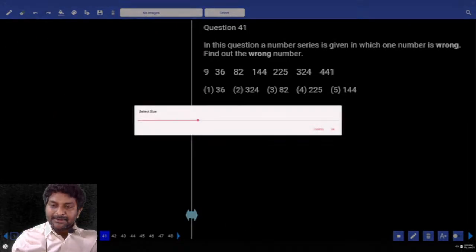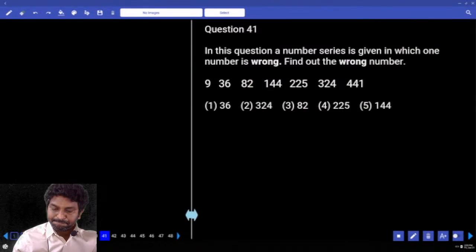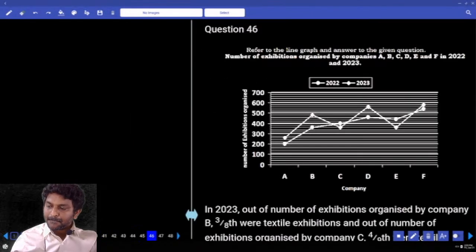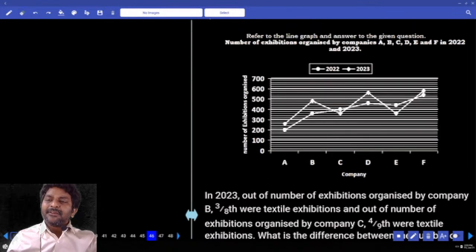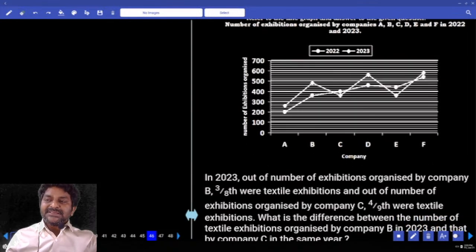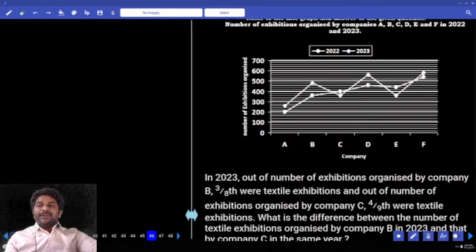Right now, the next paper. Number of exhibitions organized by companies A, B, C, D, E, F in 2022-2023.